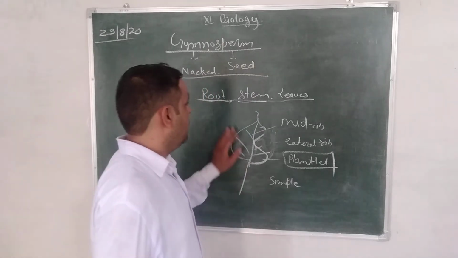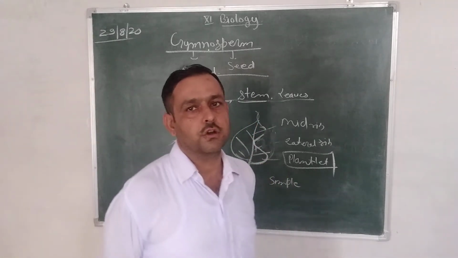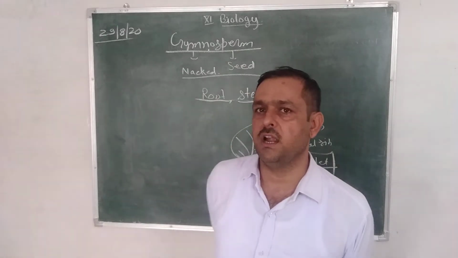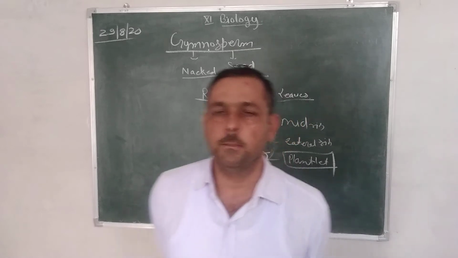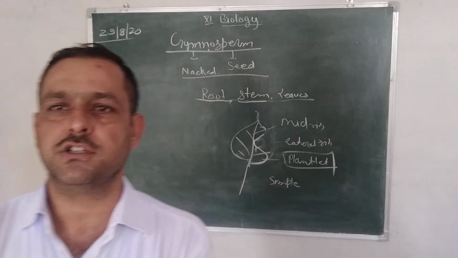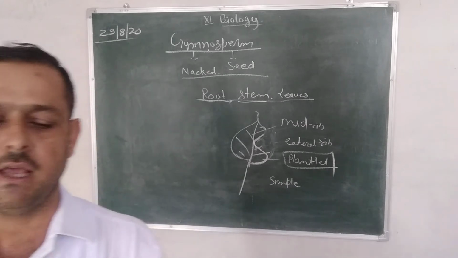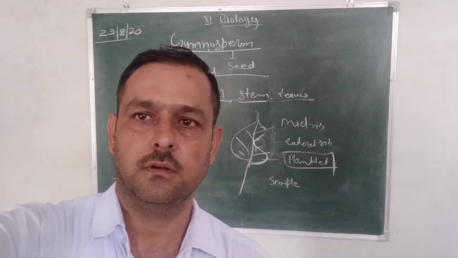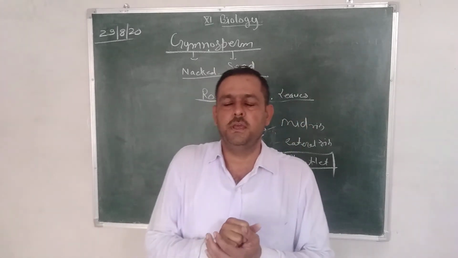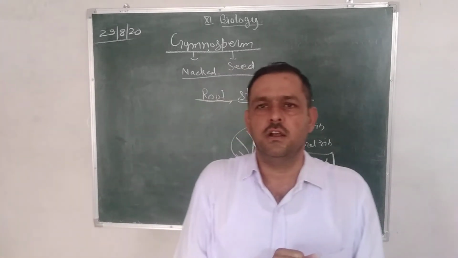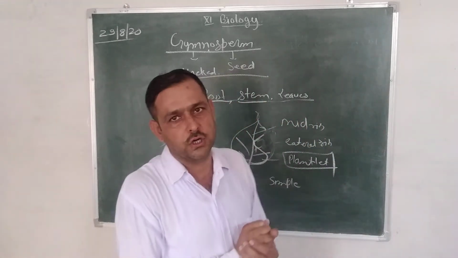Now, the sex organs are called microsporangium and megasporangium, and gymnosperm sex organs develop on microsporophylls and megasporophylls. Their sex organs are also called male cone and female cone. Males are small in size and females are big in size. So there is differentiation between male and female gametes and organs.